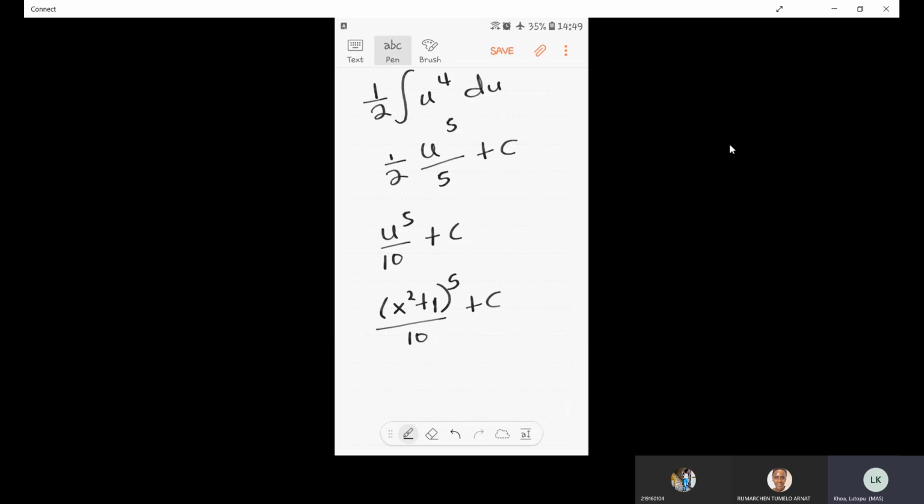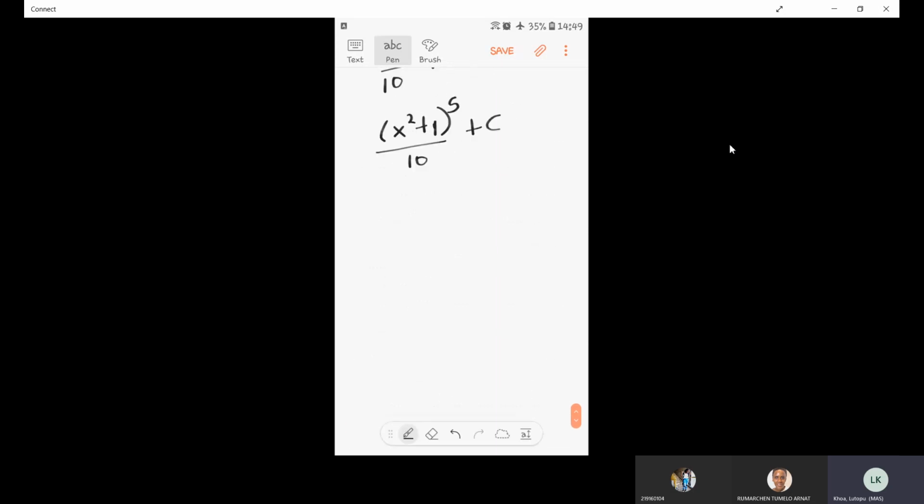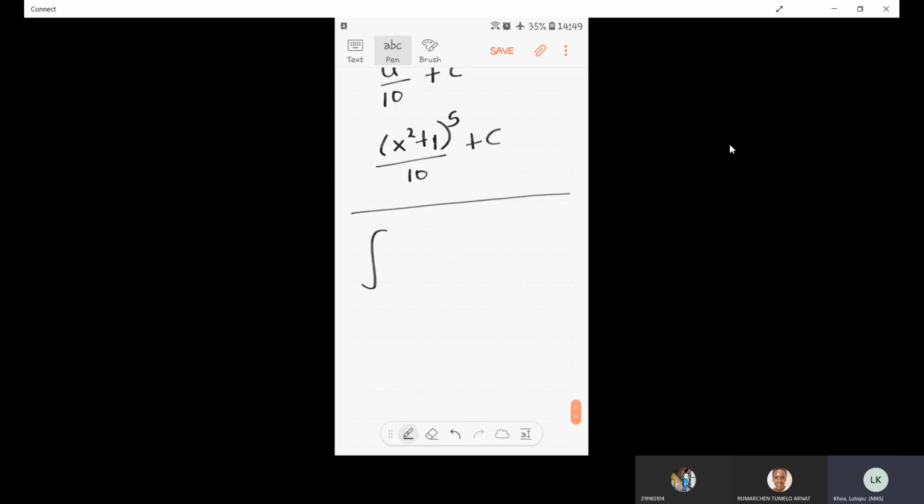Okay, I think we can do one more. The integral of x squared e to the power of x to the power of 3 dx. Here I see that if I differentiate x to the power of 3, I will end up with 3x squared.